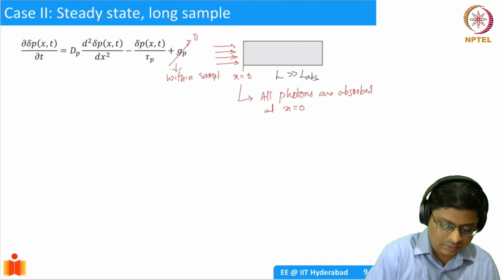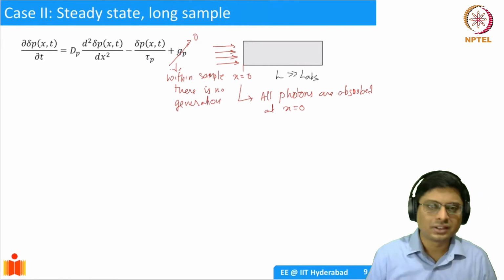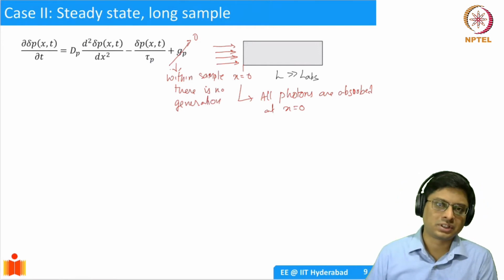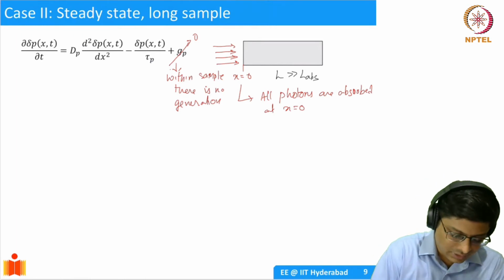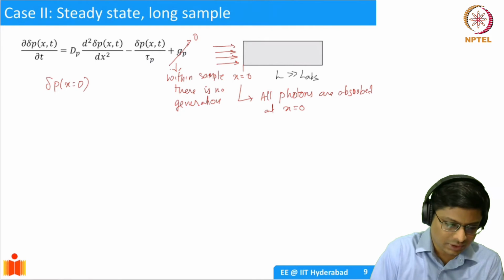But still, depending on the extent of the generation rate, delta p at x equal to 0 is going to be some number.